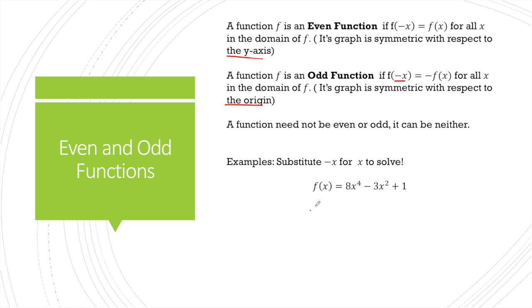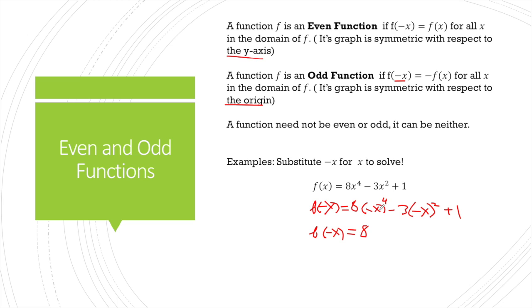So I have f of negative x equals 8 times negative x to the 4th minus 3 times negative x squared plus 1. So that gives me f of negative x equals 8.